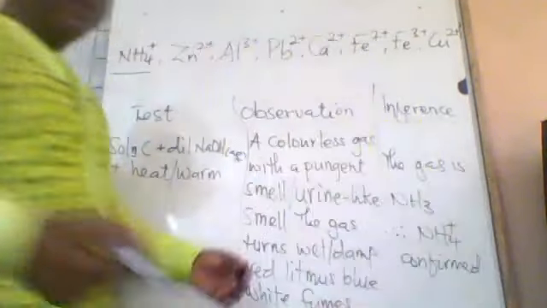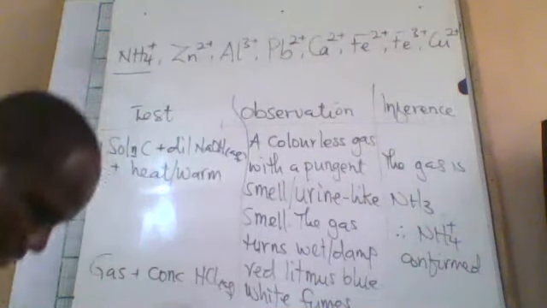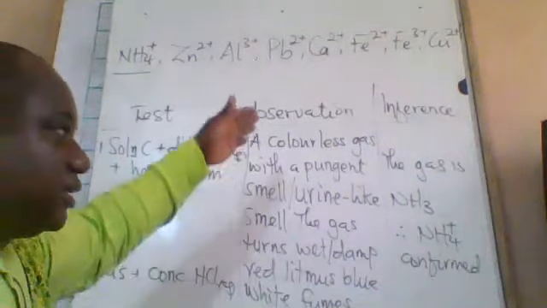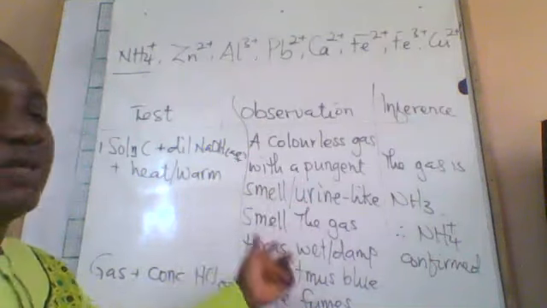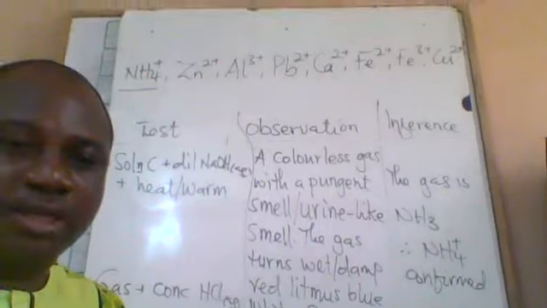Therefore, NH4+ confirmed, or present if you want. So this is the test. This is the observation. It is the observation that is leading to the inference, or if you like, the conclusion.